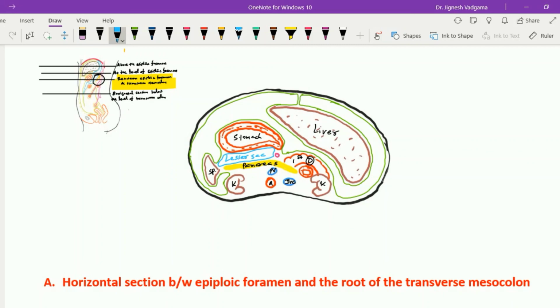And just to the right of the lesser sac we find one artery, and this artery is the gastroduodenal artery.